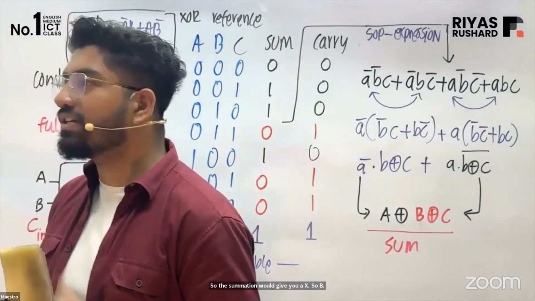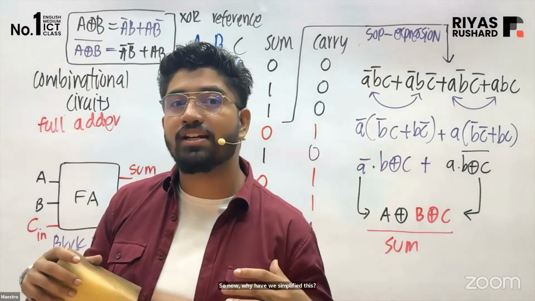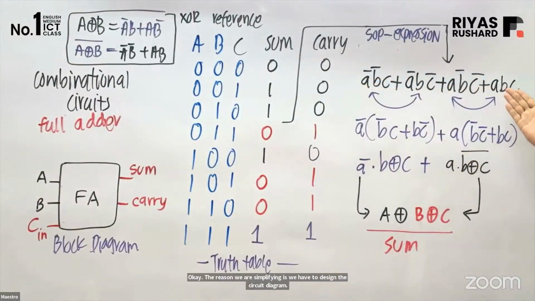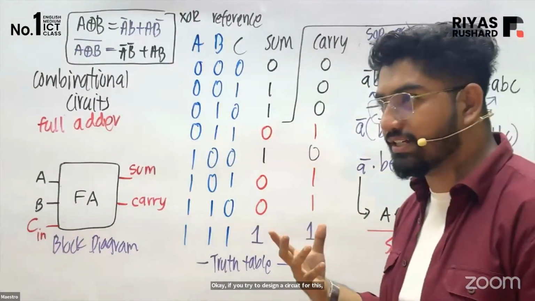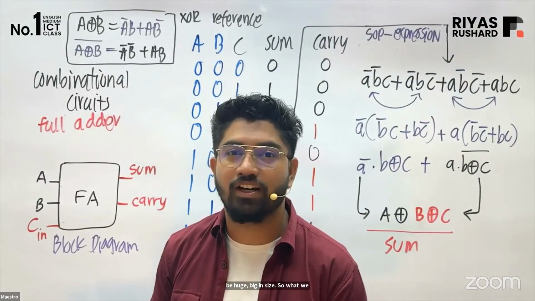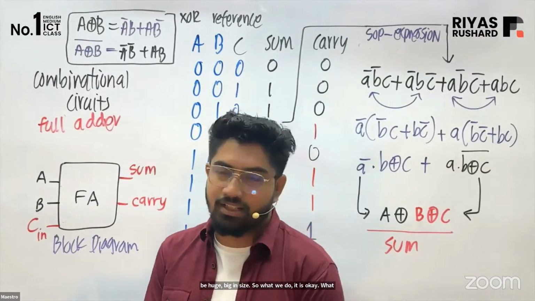So why are we simplifying this? The reason we are simplifying is we have to design the circuit diagram. If you try to design a circuit diagram for this, it will be huge in size. So we simplify it so that I can design the circuit using a minimal number of gates.